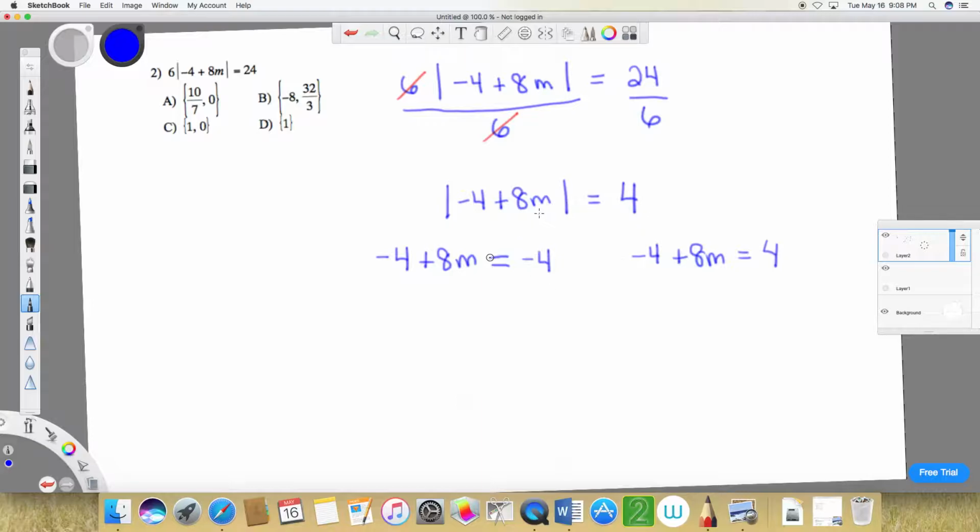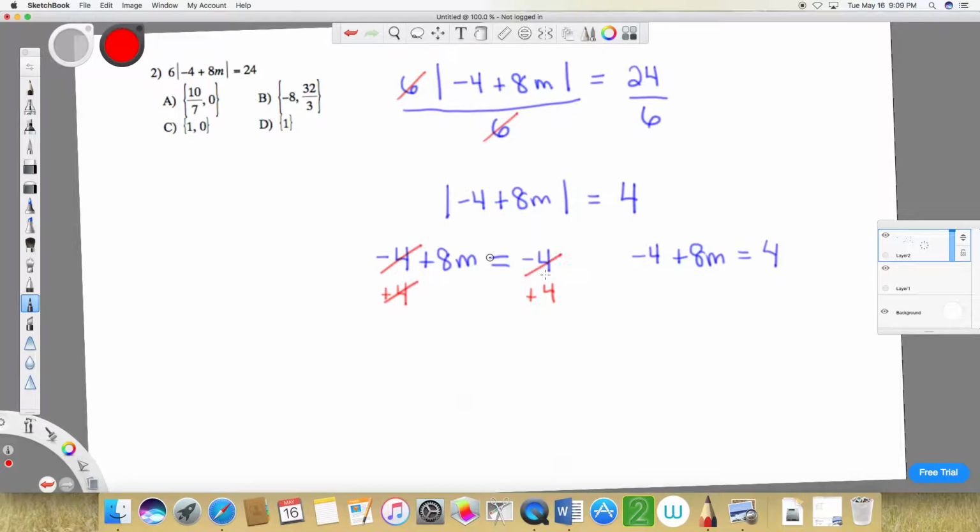So this splits into two equations, and we can step by step try to isolate the variable, get the m by itself. So on the left-hand side here, we're going to add 4 to each side of this equation. If I add 4 on the left-hand side, I have to add 4 to the right-hand side to balance the equation. And this negative 4 and positive 4 add to 0. We say that that cancels. But it just so happens on the right-hand side, this also cancels.